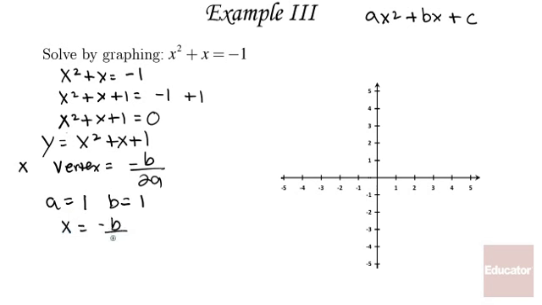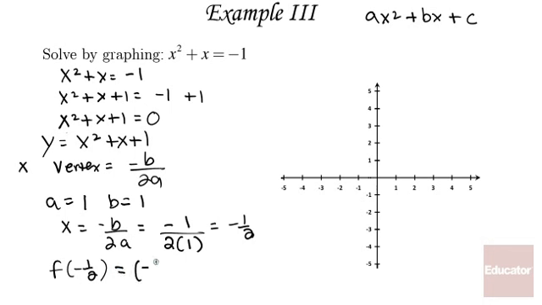So let's go ahead and find the vertex. x equals negative b over 2a at the vertex. x equals negative 1 over 2 times 1, or negative 1/2. Now, f of negative 1/2 is going to give me my y value for the vertex. This equals negative 1/2 squared plus negative 1/2 plus 1, which is going to equal 1/4 minus 1/2 plus 1.